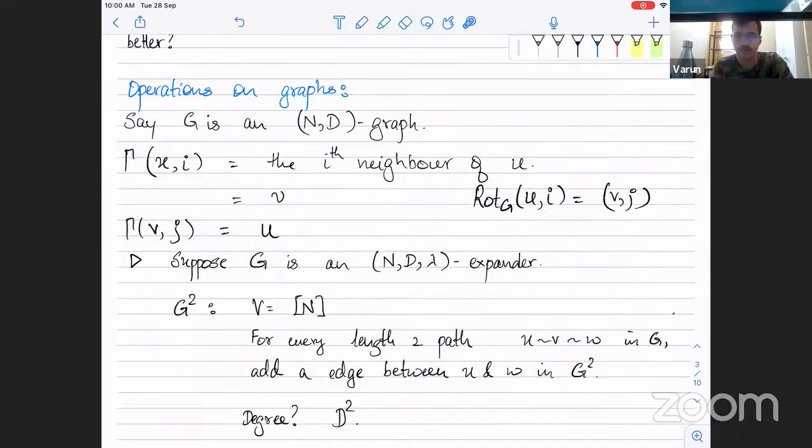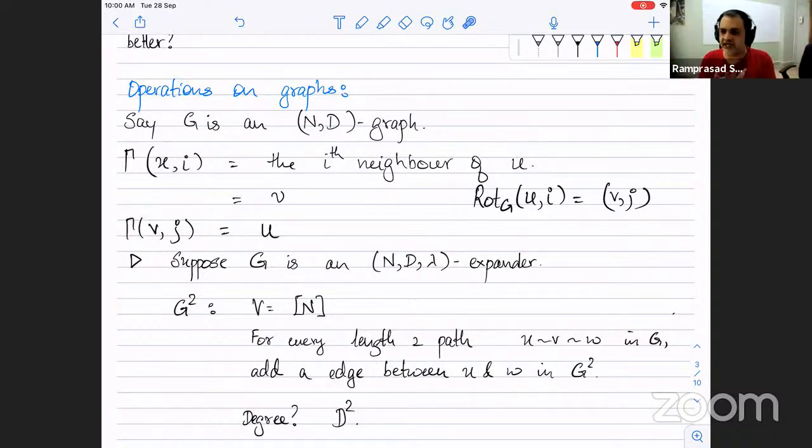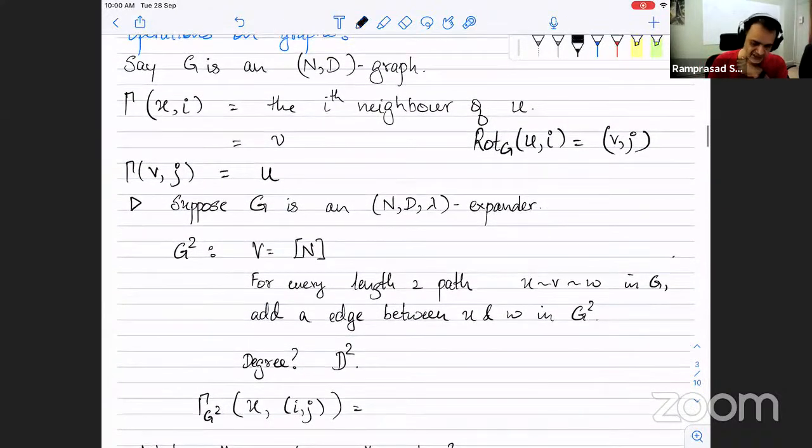So by degree, we are not saying the number of neighbors, but the number of edges emanating out of that vertex. That's what I mean by that. And if you want to write it in terms of this gamma map, gamma of G squared of u comma ij, you can think of all the edges out of vertex u in G squared as being labeled by a tuple.